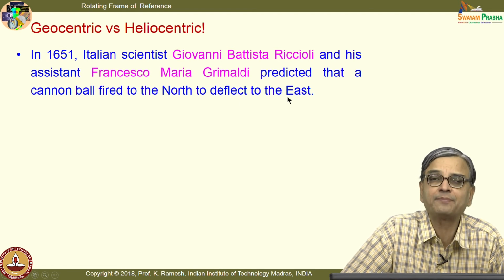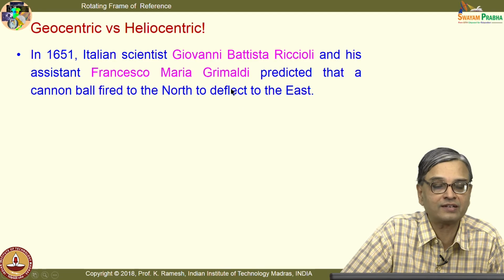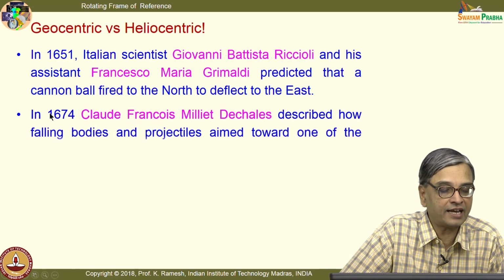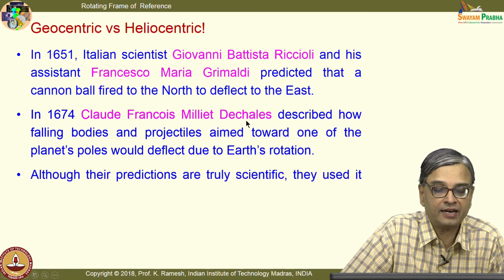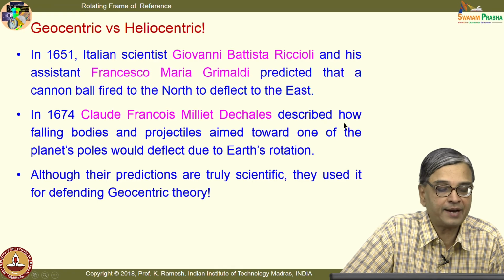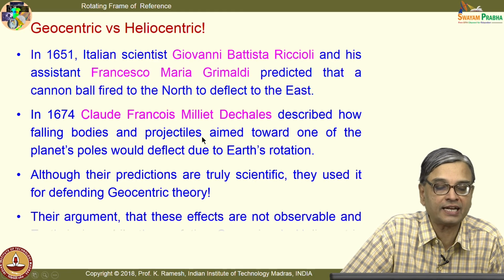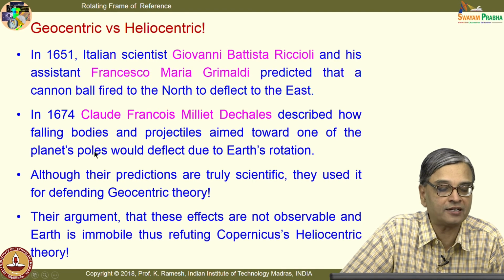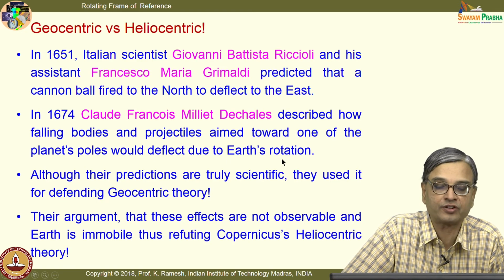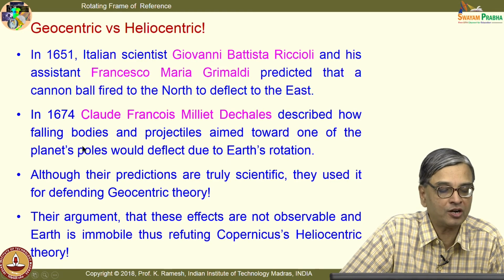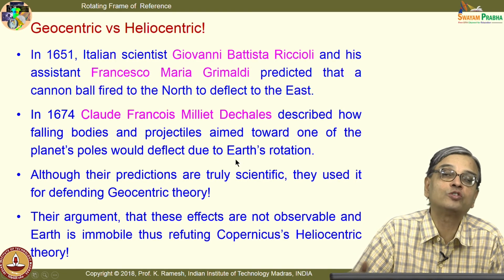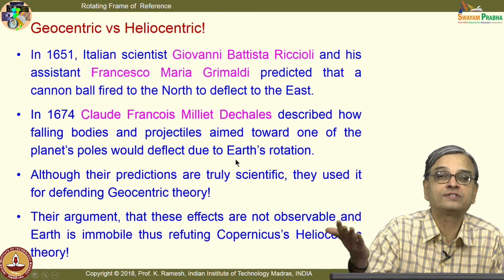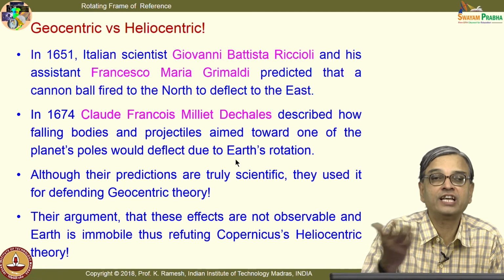This is a very right prediction, provided the Earth was rotating. And in 1674, another scientist, Millet de Chales, described how falling bodies and projectiles aimed toward one of the planet's poles would deflect due to Earth's rotation. We have seen that falling bodies also deflect, and we have also understood reasonably well, due to Earth's rotation, how winds change their direction.